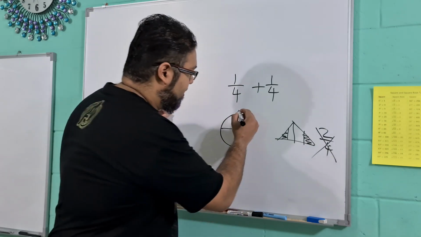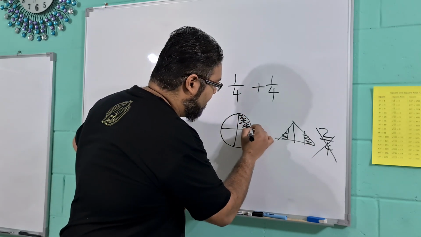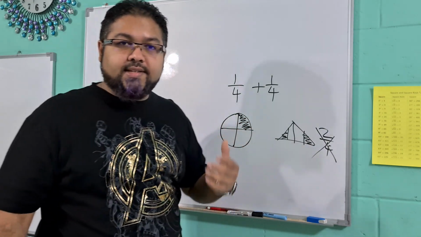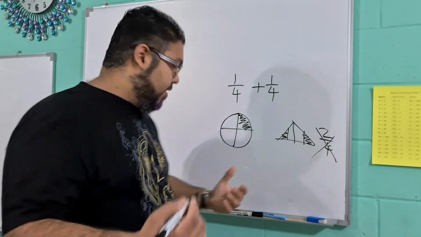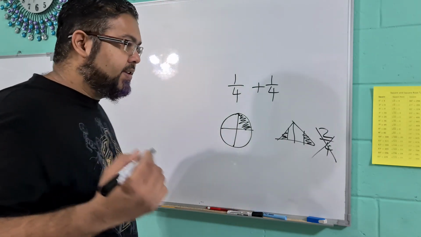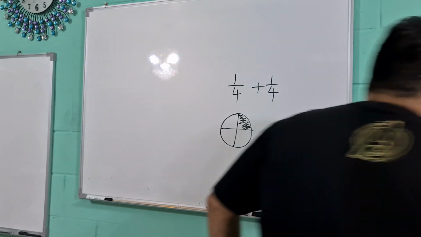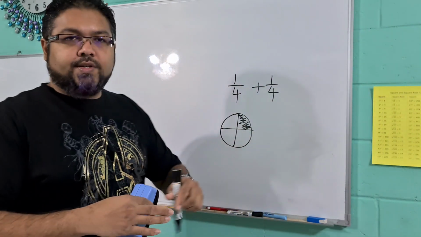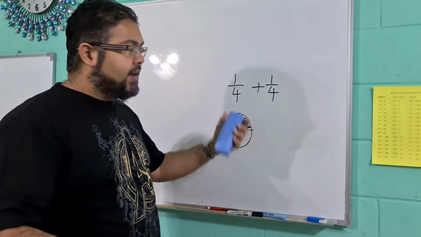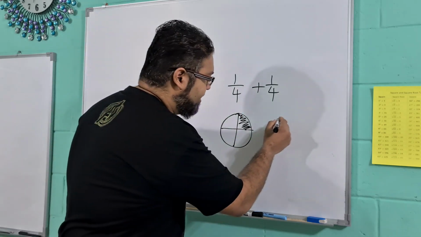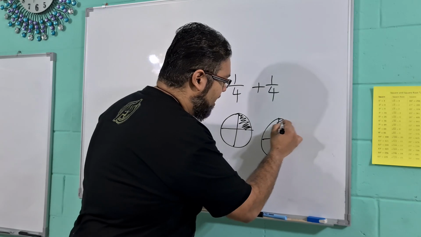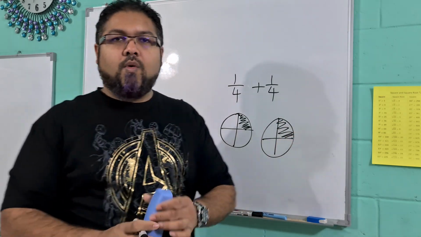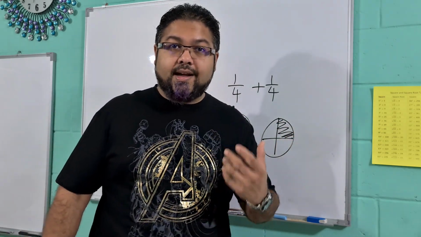So in this pizza, a quarter of it is shaded. We have 1 out of 4 pieces shaded. We want to add these two fractions, so imagine we have another pizza with another 1 out of 4 shaded as well.